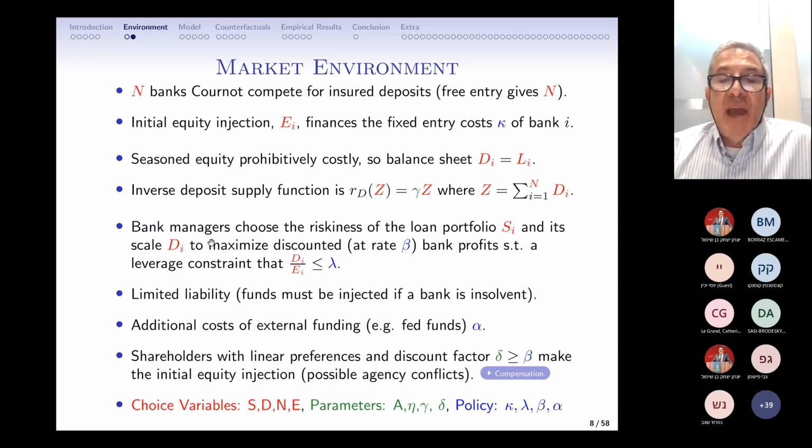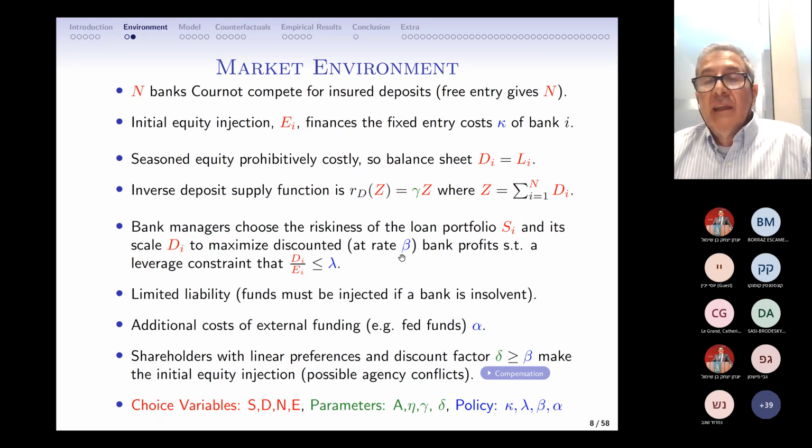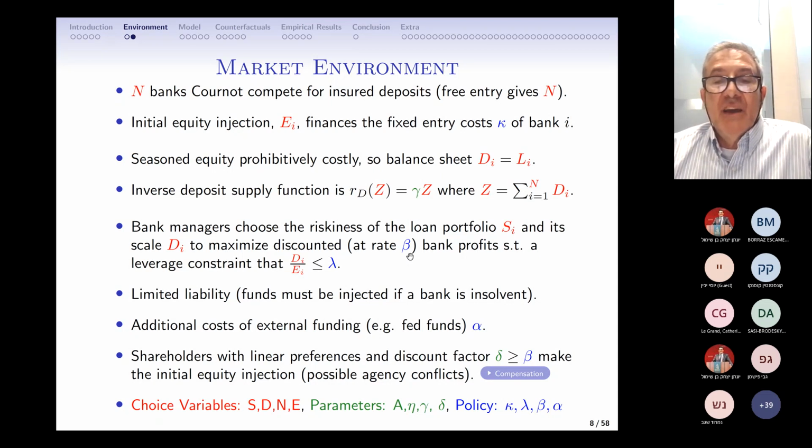In Allen and Gale, bank managers choose the riskiness of their loan portfolio, S, and their deposits. In their paper, it's a static model, so they just maximize static profits. Here, because we have a dynamic model, we maximize the expected discounted value of profits, with a bank manager discount rate of beta, subject to a leverage constraint.